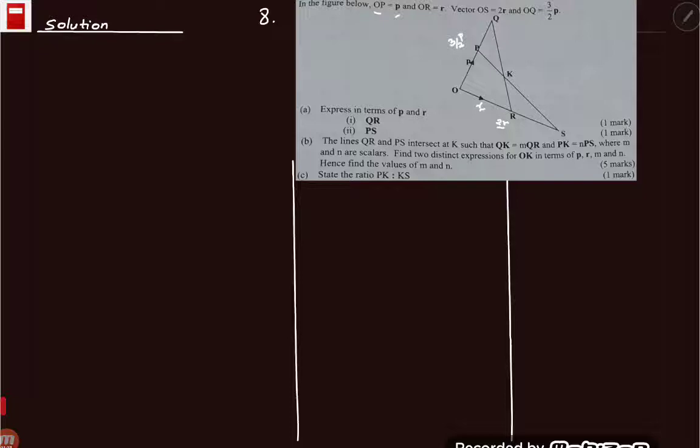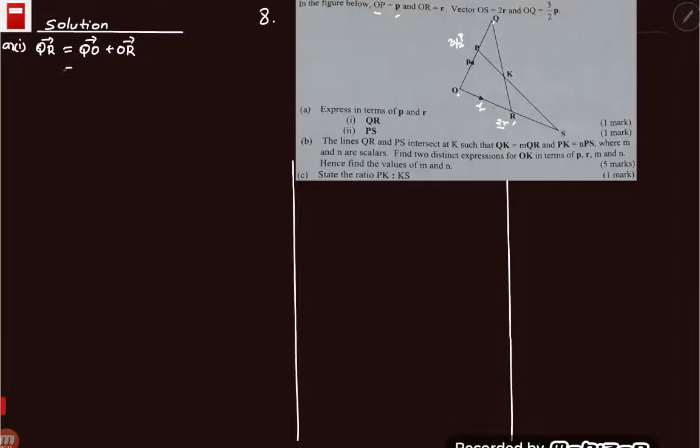Then we are required to express in terms of P and R, QR. So question A, Roman 1, we need to express QR. Now from the diagram, Q to R can be gotten by moving from Q to O, then O to R. So QR is equal to QO plus OR.